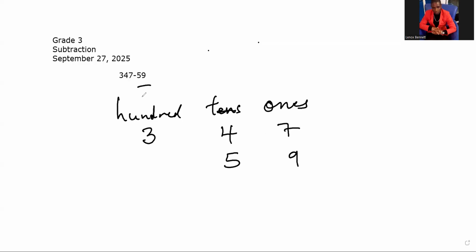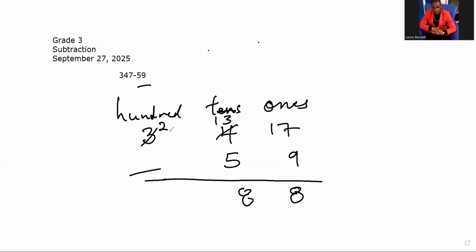There's no hundred in this, only 59. 9 from 7, we can't. All right, so now we have 9 from 17, which leaves 8. 5 from 3, we can't, so we borrow, leaves 2. So this 5 from 13, leaves 8. And of course, there's nothing else, so it's 288. And that's our answer.